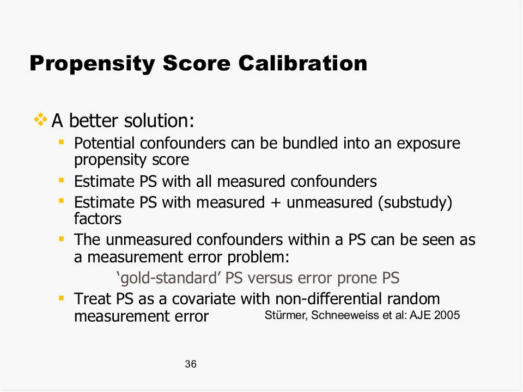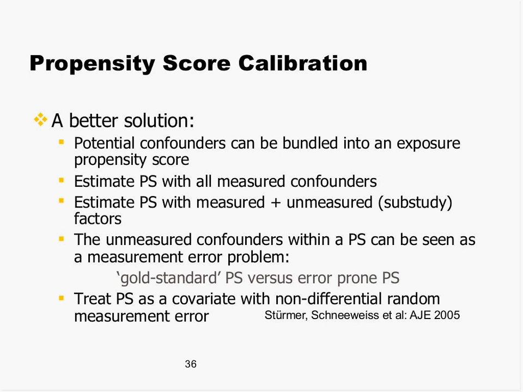And then what you can do in the survey, you estimate the propensity for treatment with all the measured confounders that you also observe in the main study. That is your base set of confounders. And then you estimate an additional propensity score with the measured confounders plus unmeasured confounders that are only available in the substudy.